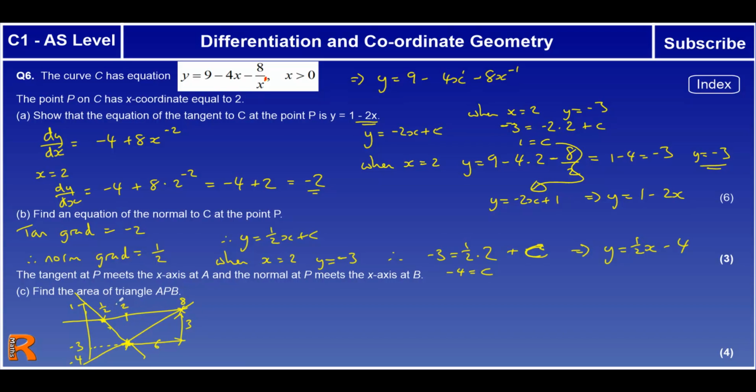So this length here is 7.5 times by the height, which is 3, and then we just halve that, divide by 2. So 3 lots of 7 is 21, 3 halves are 1.5, so that's 22.5 divided by 2, it's going to be 11.25.